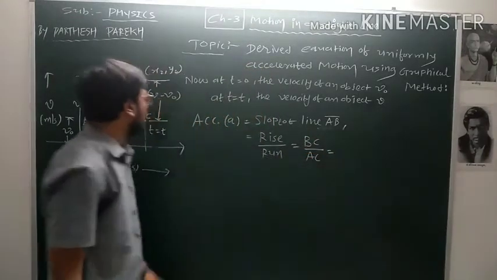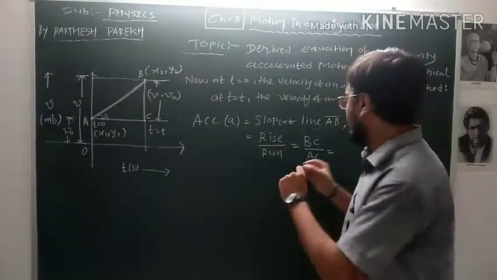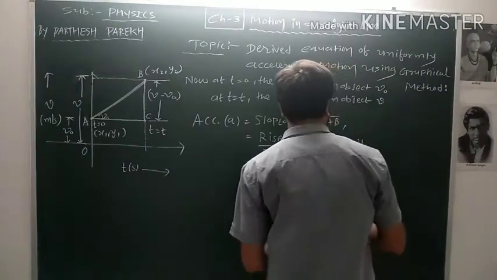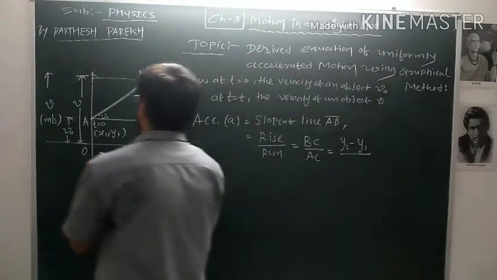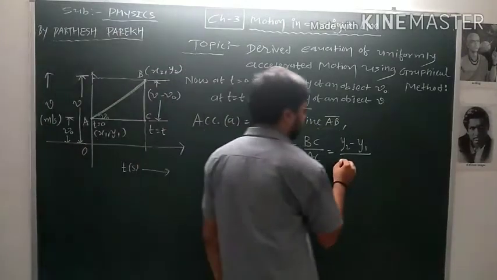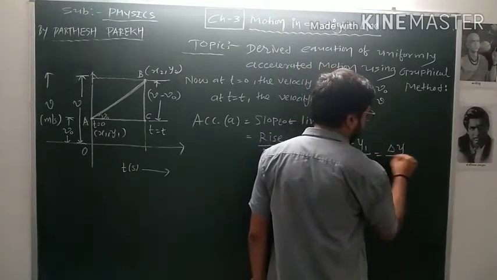BC is the change in y, y2 minus y1 along the y-axis, and AC is the change in time, x2 minus x1. So we can also write delta y by delta x.